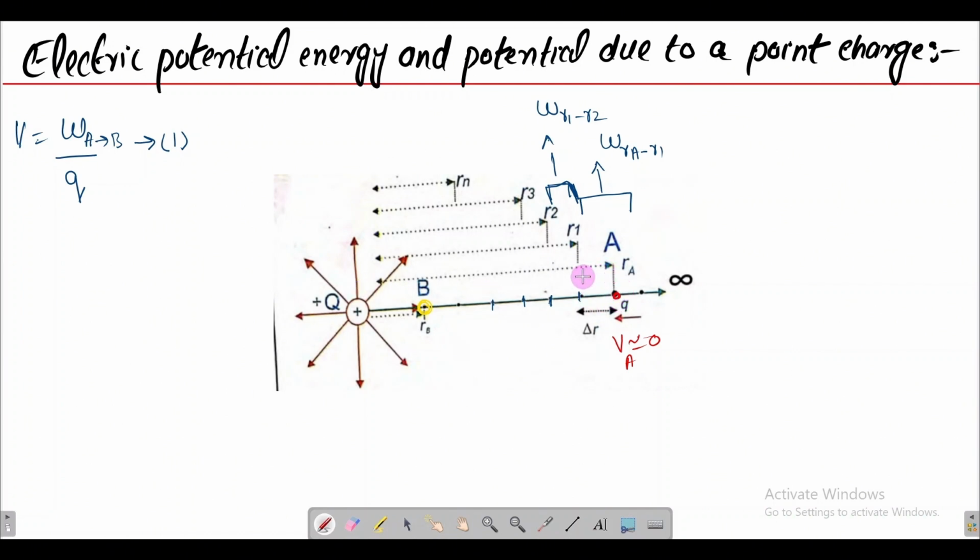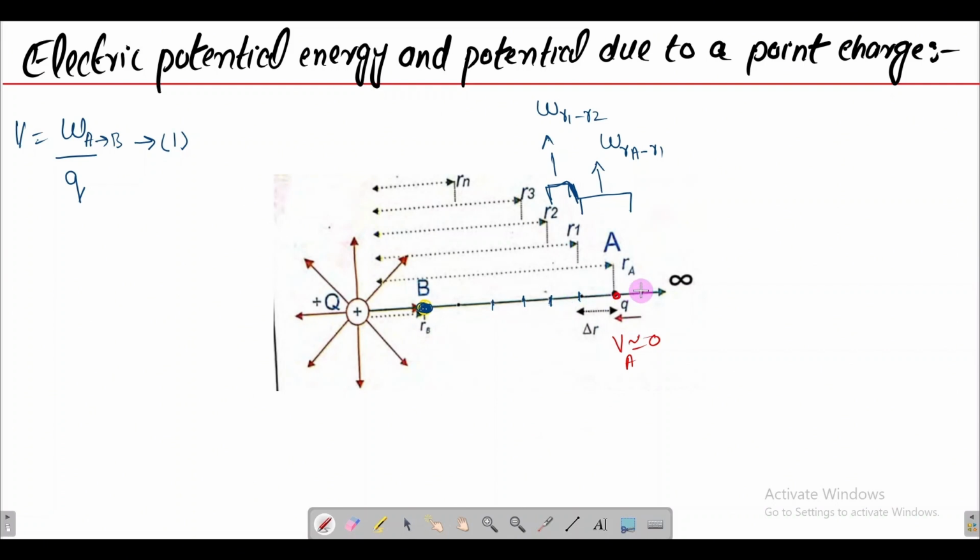If I take one step, then the distance between this source charge and this first step will be R1, and for the second step, the distance will be R2, and for the third step it becomes R3, and that goes up to the Rn step, and then after Rn we will reach Rb. So Rb is the distance from this source charge to the point at which we are going to find the potential.